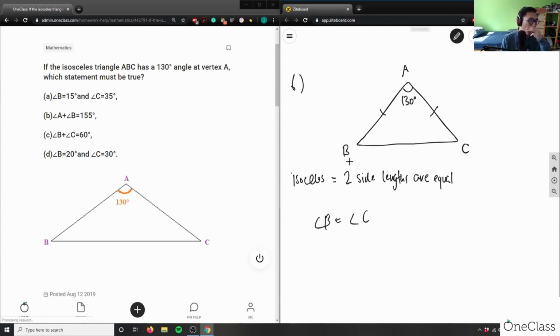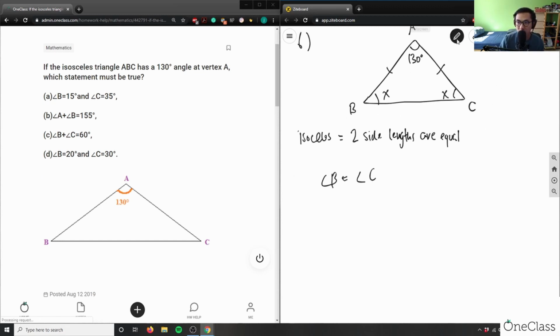It makes sense because the lengths are equal, right? So this here is x, but this is also x. And then I can use the sum of interior angles to prove these. The sum of interior angles of a triangle is 180 degrees, which equals 130 degrees already here, that's my first angle, plus x plus x.